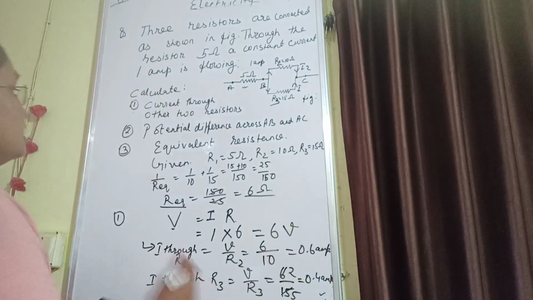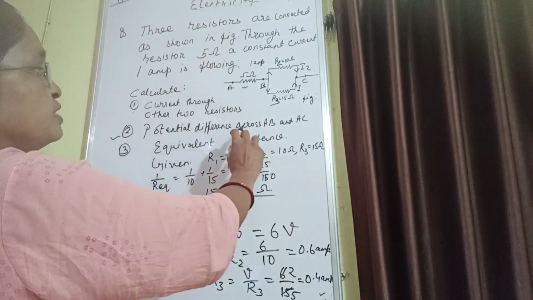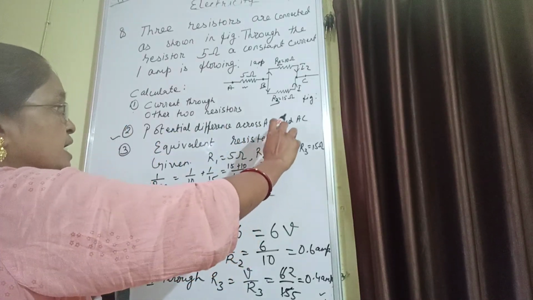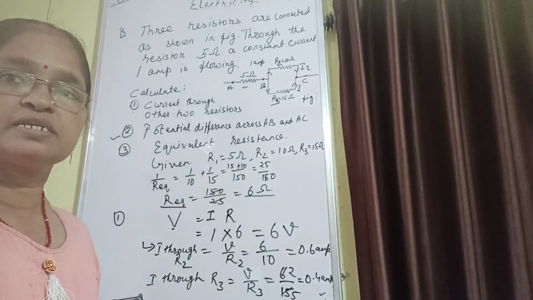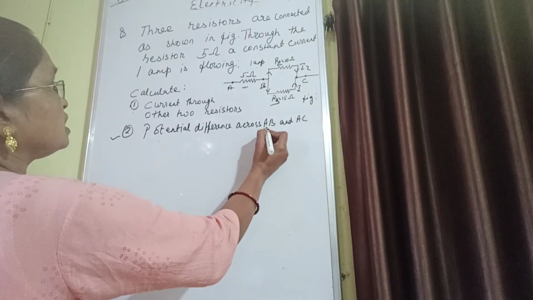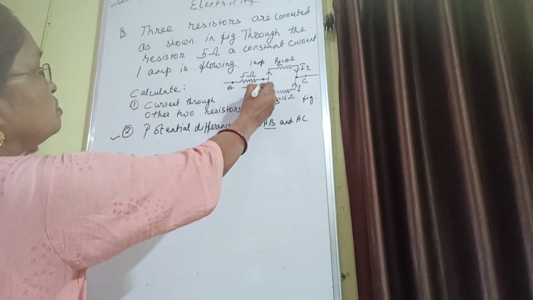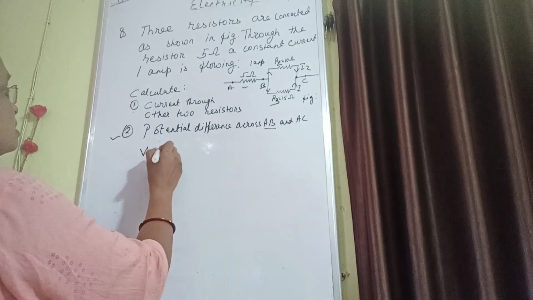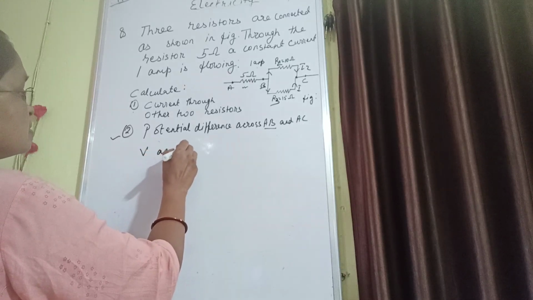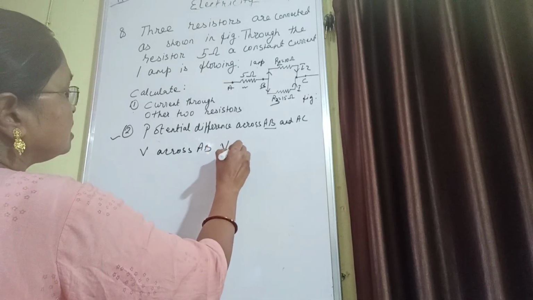So come to the next question, that is number 2: potential difference across AB and AC. Let us check it. Potential difference across AB, we can write VAB.